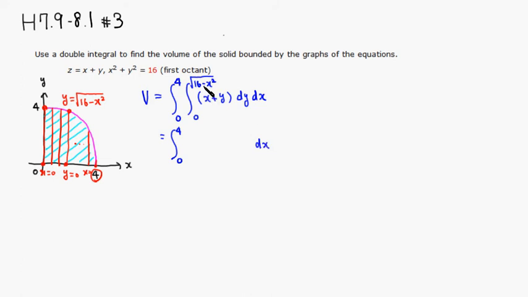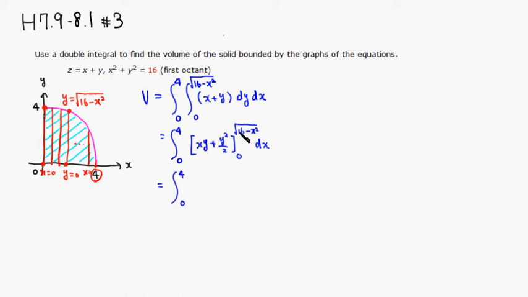The antiderivative of this with respect to y would be xy plus y squared over 2, going from 0 to the square root of 16 minus x squared. Plug it in. You're going to get the integral from 0 to 4.